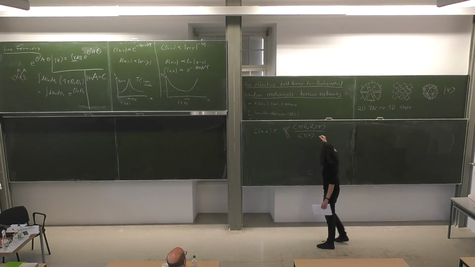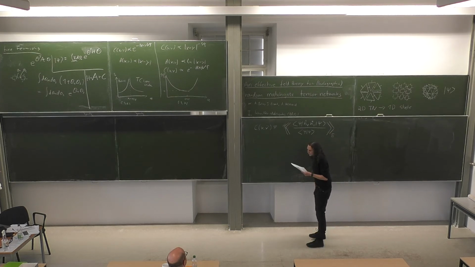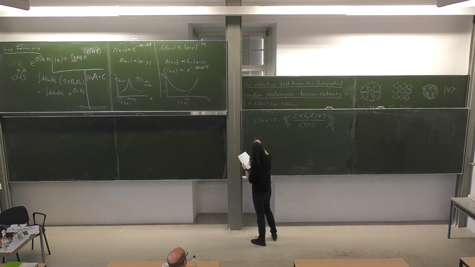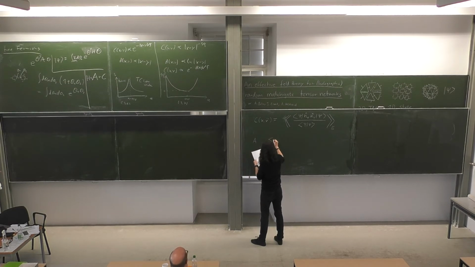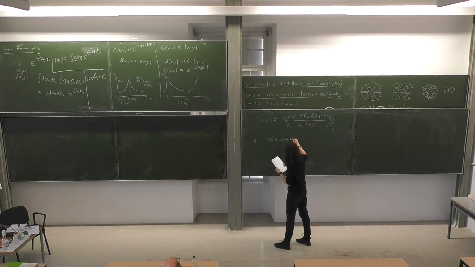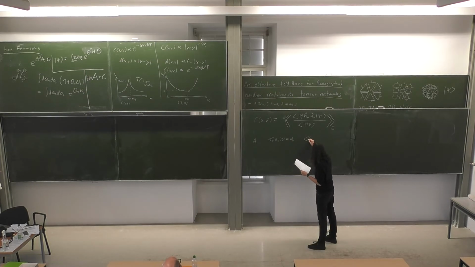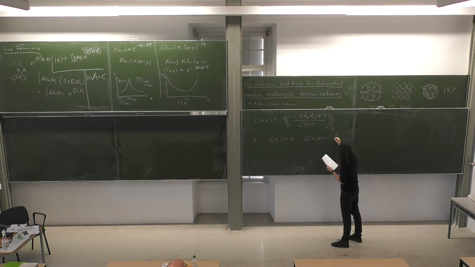And we will consider this quantity in an ensemble average, where the ensemble is given by choosing the entries of the A matrix from a Gaussian distribution. So we have some non-zero first moment, and then second moments given by some distribution.